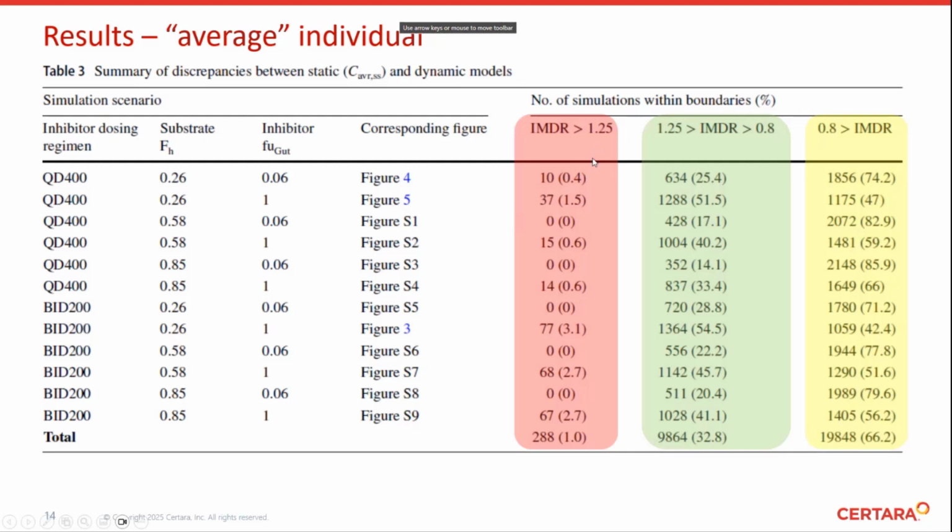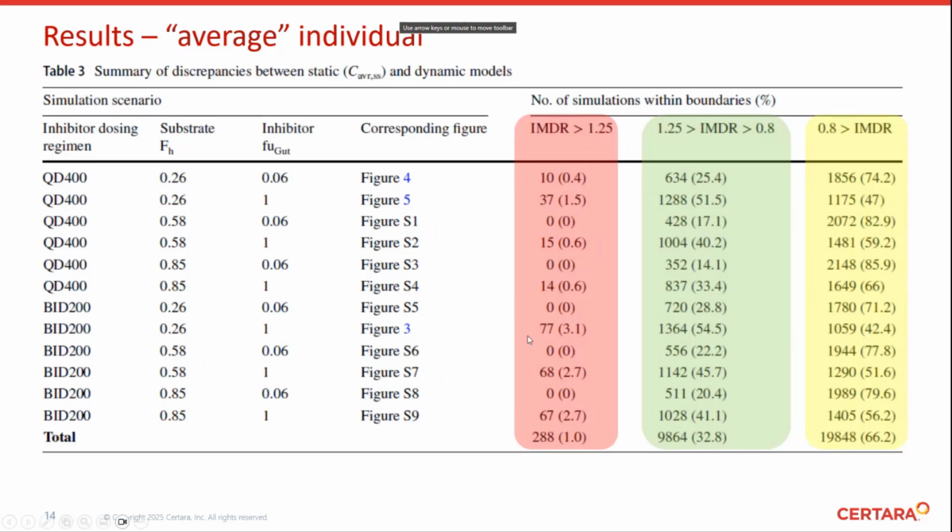So both patient risk and sponsor risk cases were observed, and in total 66% of the simulations were in the sponsor risk range, and about 1% of the scenarios were in the patient risk.